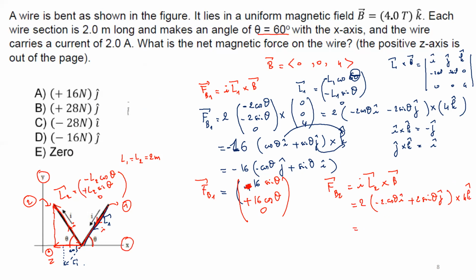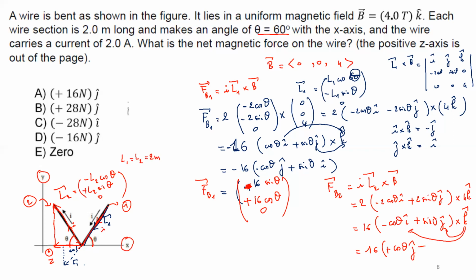So this gives me what? Let me put all the constants out. I will have 16 times minus cosine theta I hat plus sine theta J hat, cross K. Now I will distribute it inside. I will have 16 minus cosine theta I hat cross K hat, which gives minus J hat, so plus J hat.